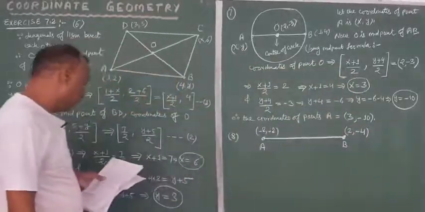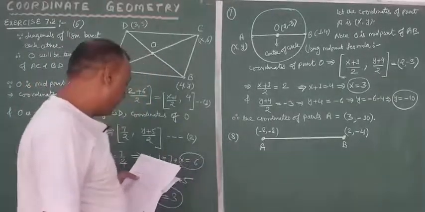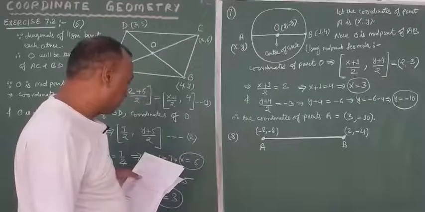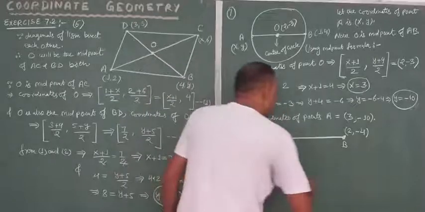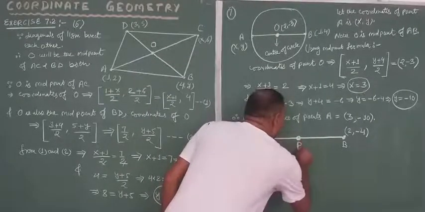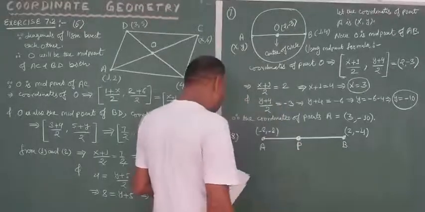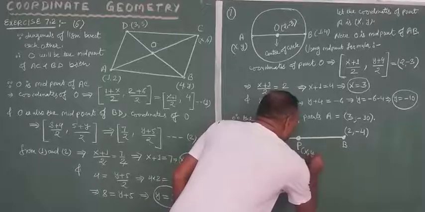And one more thing is given. Find the coordinate of point P such that AP is equal to 3 upon 7 AB. Let P be the point here, and you have to find the coordinate of P. Let its coordinates be x comma y.